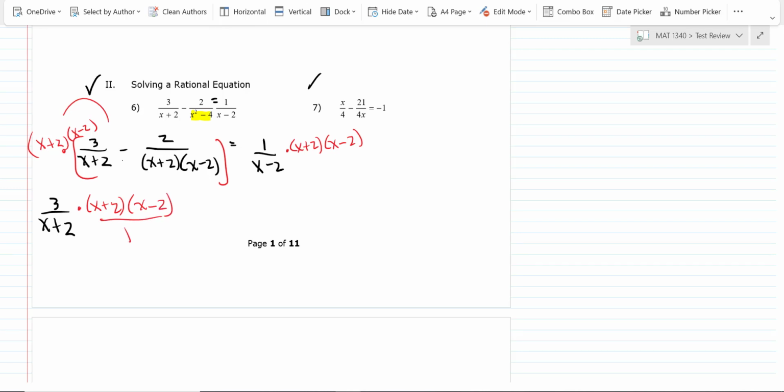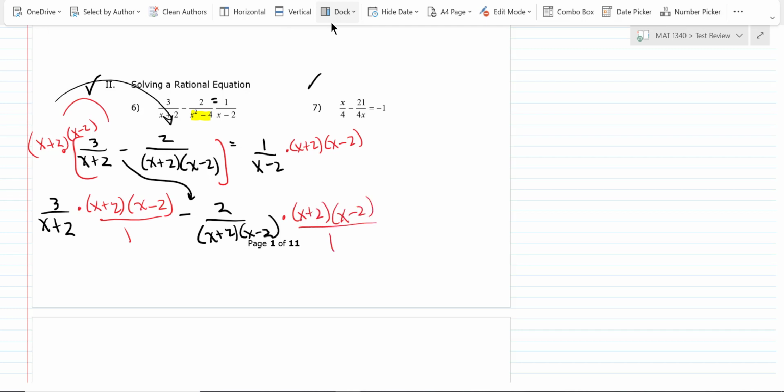Okay, then I just bring down the rest of the problem. I got the minus sign. I got 2 over x plus 2, x minus 2. And again, I'm doing a distributive property, so I'm multiplying that also by x plus 2, x minus 2 over 1 like that. Okay, and then the right side, I've already got that kind of put together.